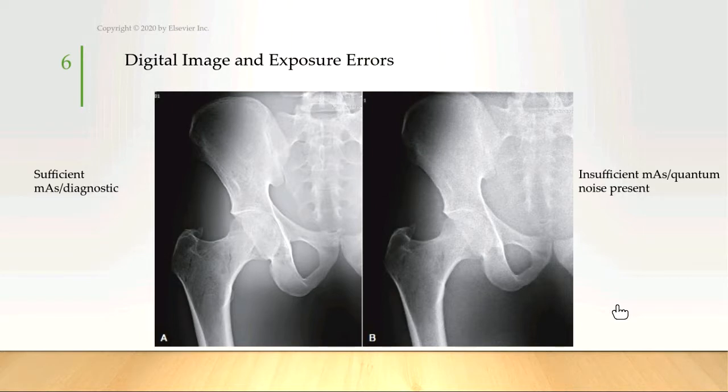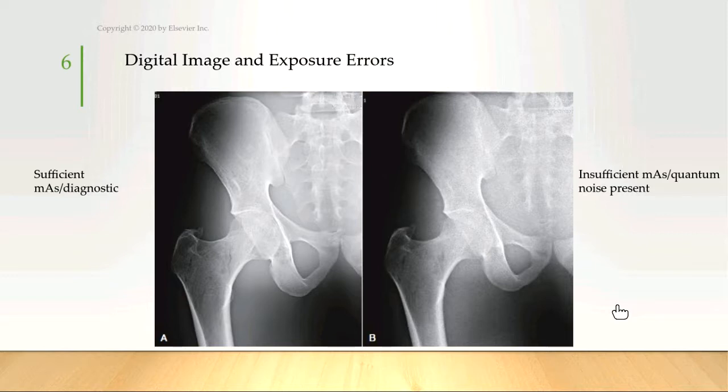You haven't over-radiated the patient. In fact, you've under-radiated the patient, which from that standpoint is not as bad as over-radiating them, but the image is not diagnostic, so you would have to go back and repeat, which means you've added more radiation dose to the patient than you would have had you used the appropriate mass the first time.